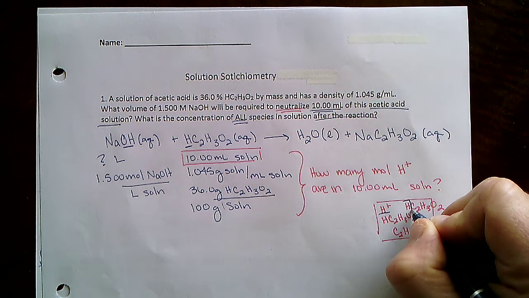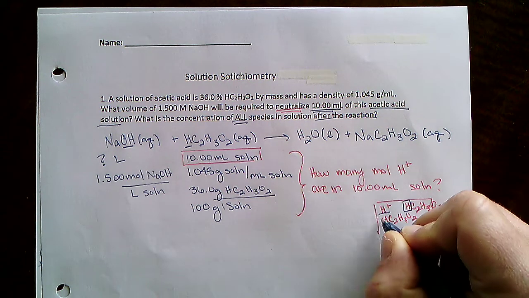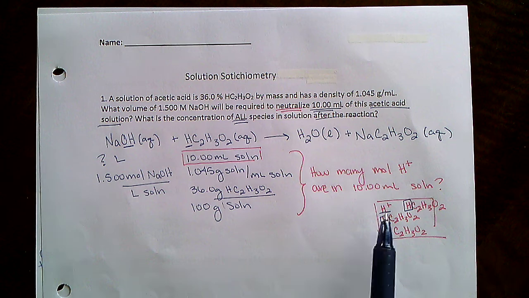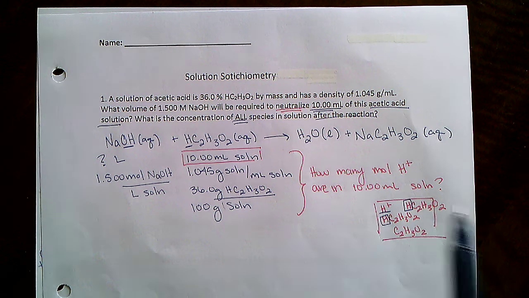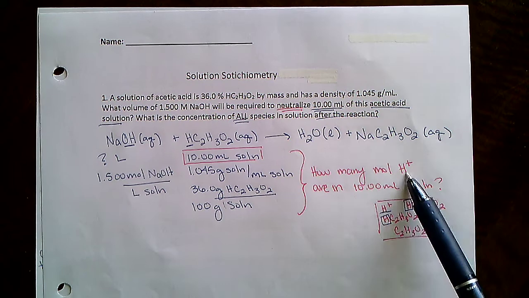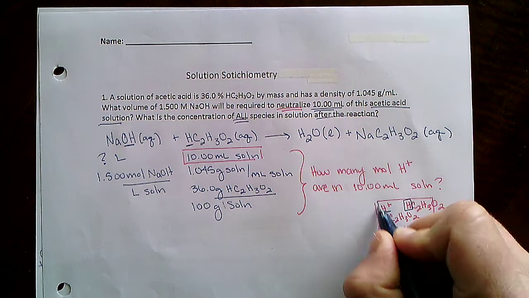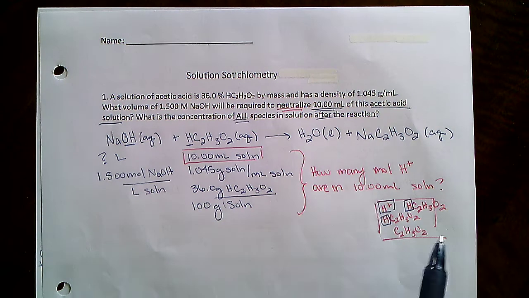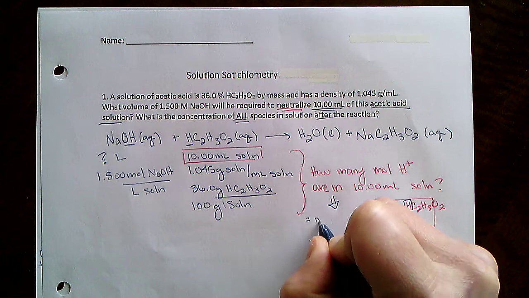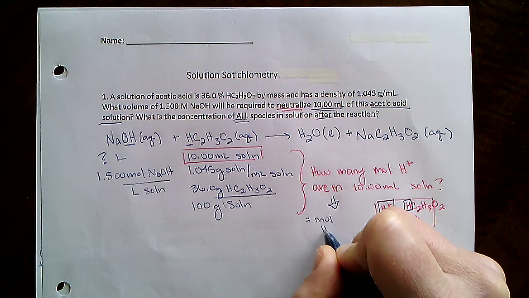So it's going to rip off an H plus from the remaining acids. So you don't have to know how much is dissociated. That's not what we're asking. We're asking how many total moles of H plus are there in the solution. So that's going to be basically equal to moles of acetic acid.